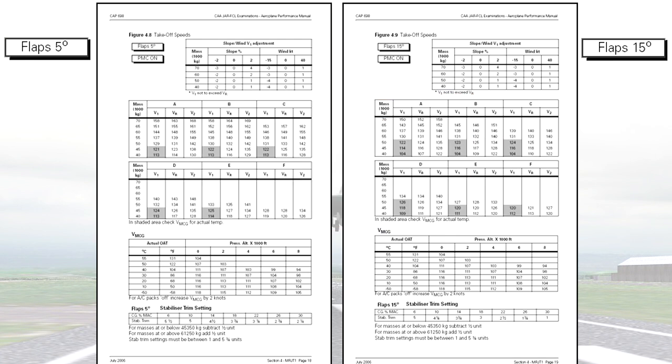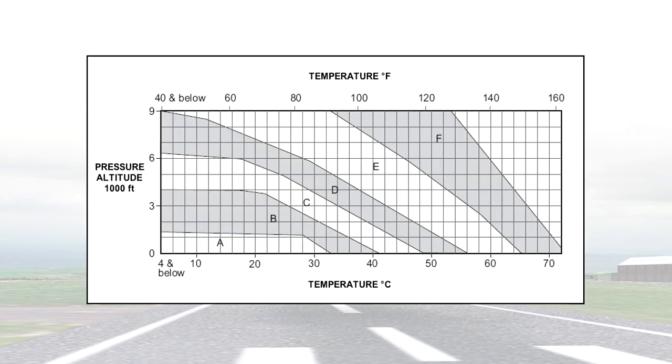The next factor to affect V1 is density, but this is a little harder to observe than the previous two factors. On page 17 of section 4 is a small table, which has temperature on one axis and pressure altitude on the other. This is the density accountability table. Under low altitudes and low temperatures, you will notice band A. This is a high density band, whereas band F is situated at higher temperatures and higher altitudes, which equates to much lower densities.